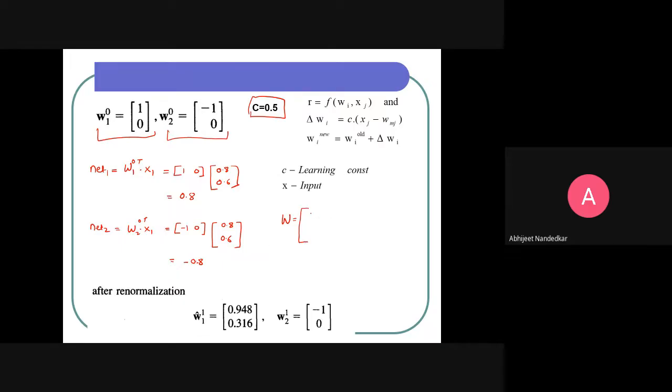For the first neuron it is 1, 0, for the second neuron it is -1, 0. Okay, and you can directly compute the net vector, which is 1, 0, -1, 0 multiplied by 0.8, 0.6. This will directly give you 0.8 and -0.8. Okay, so this is actually equal to net 1 and net 2.